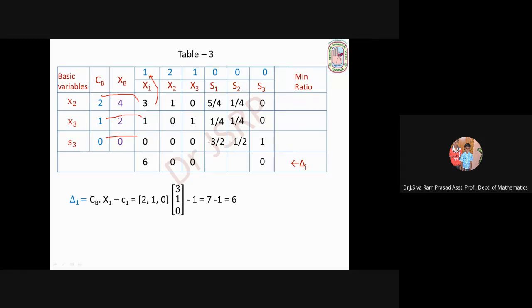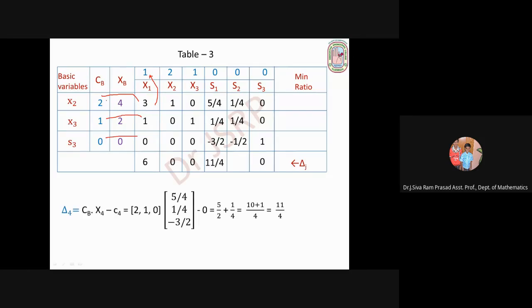Here also, 2 into 5 by 4 plus 1 into 1 by 4 plus 0 into this, minus 0. You get this value, 11 by 4.